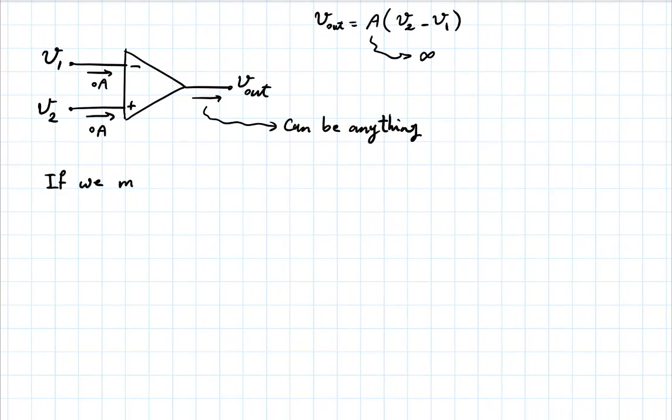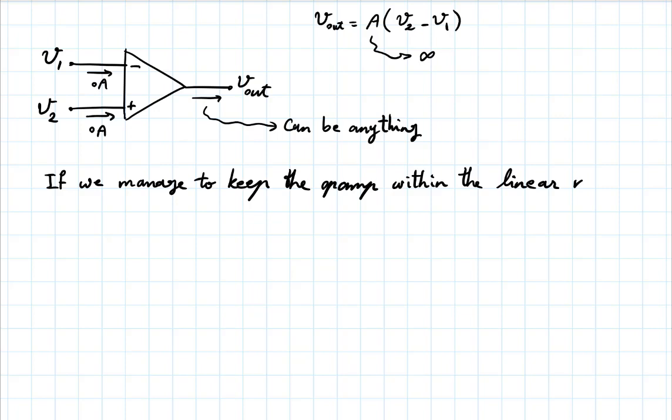If we manage to keep the op-amp within the linear region of the characteristics, so away from saturation, then Vout is a finite value.